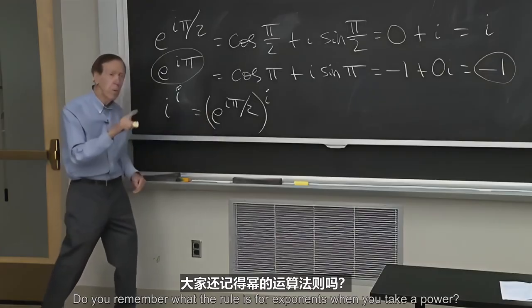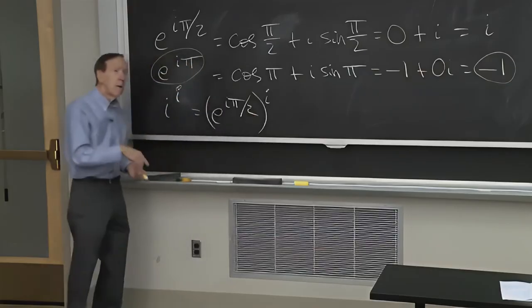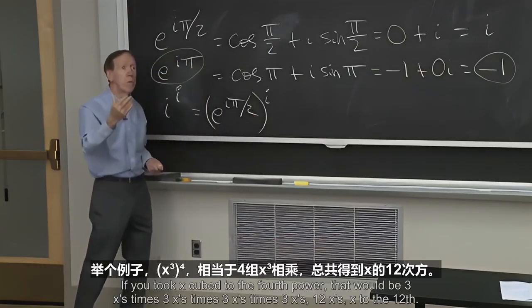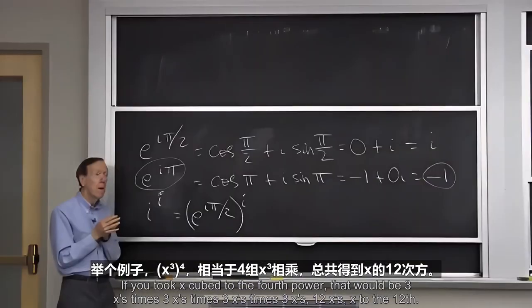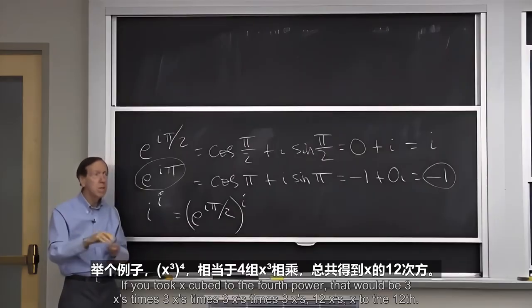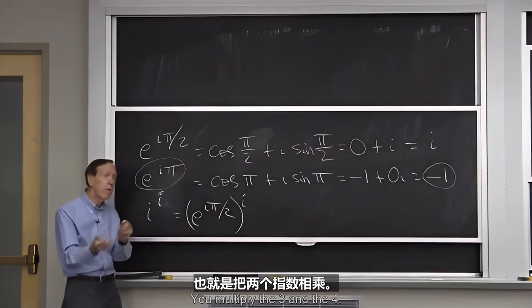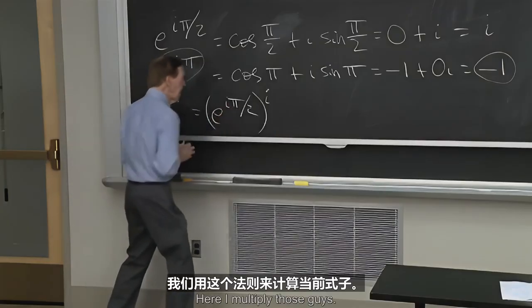Do you remember what the rule is for exponents when you take a power? If you took x cubed to the 4th power, that would be 3 x's times 3 x's times 3 x's times 3 x's, 12 x's, x to the 12th. You multiply the 3 and the 4. Here I multiply those guys.